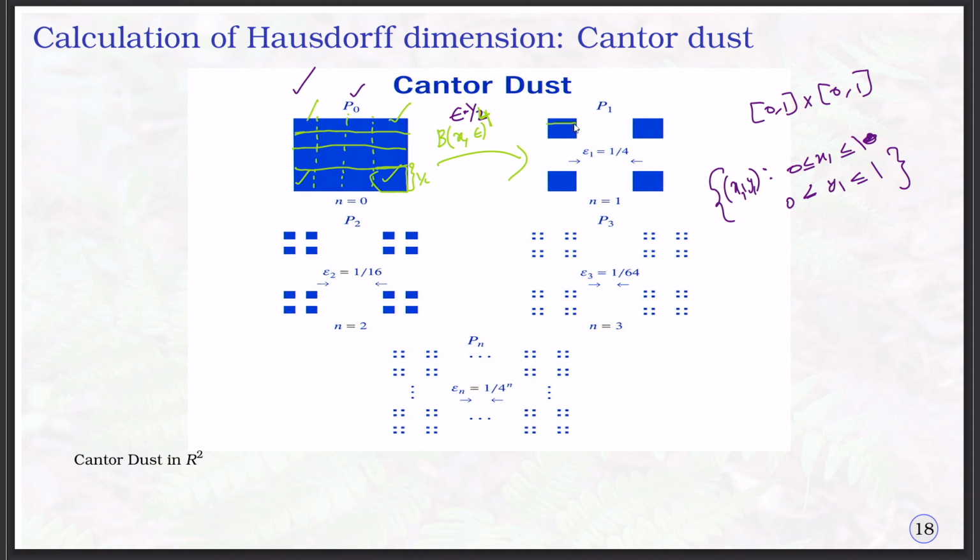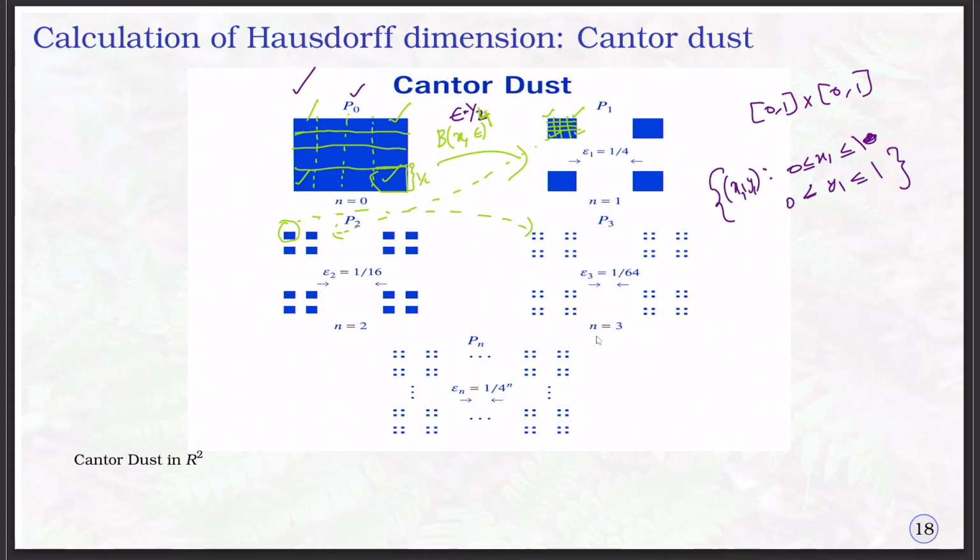Here you can divide into 16 boxes, only keep the corners and remove the middle. Likewise you can apply this on the remaining 3 squares, then one gets different squares like this. Then in the next step again you can divide into 16 parts, and one gets this type of square.